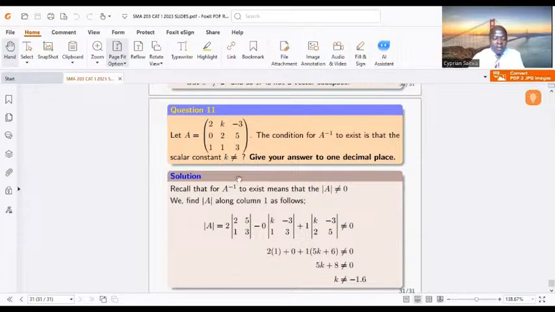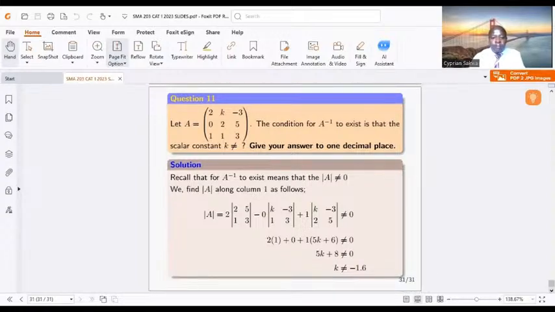For A inverse to exist, it means the determinant is not 0. We did a similar question. So we just want to get this determinant and make it not be equal to 0.